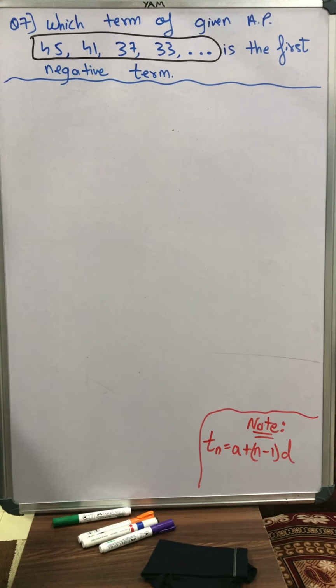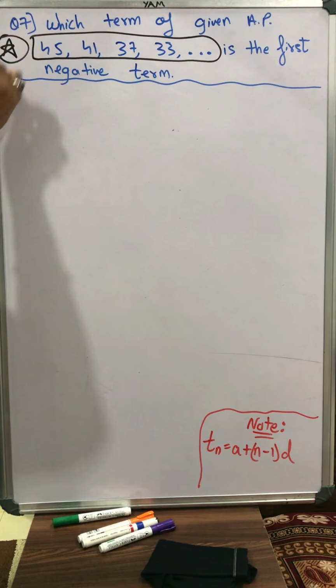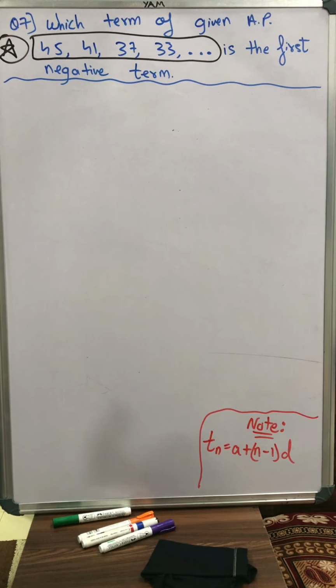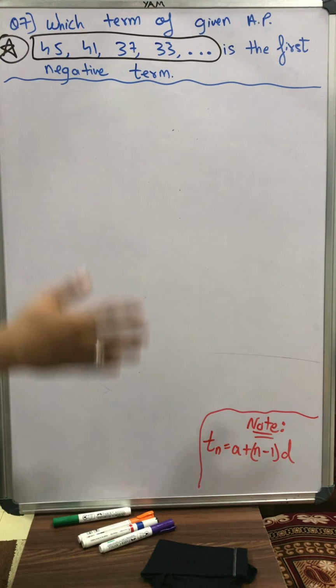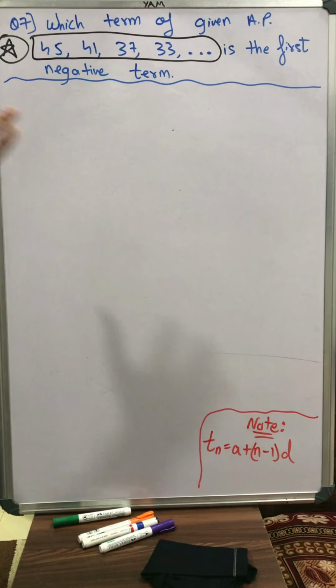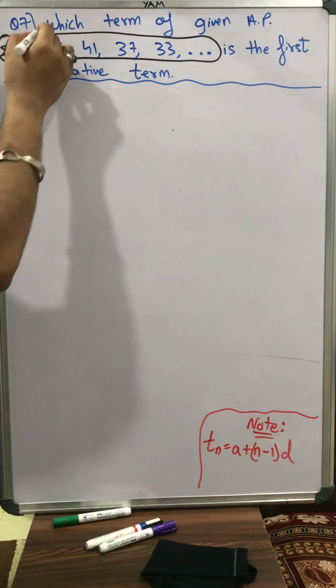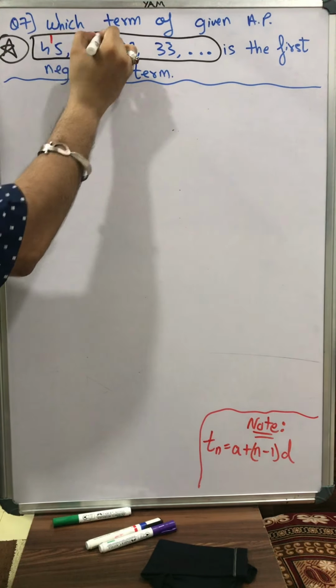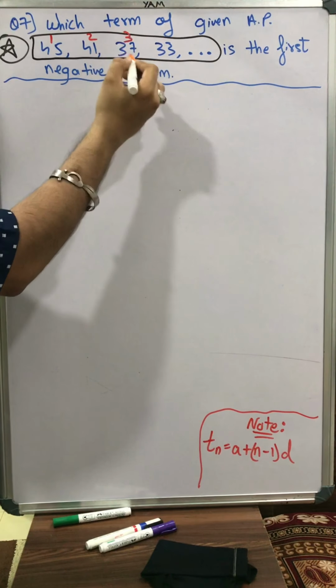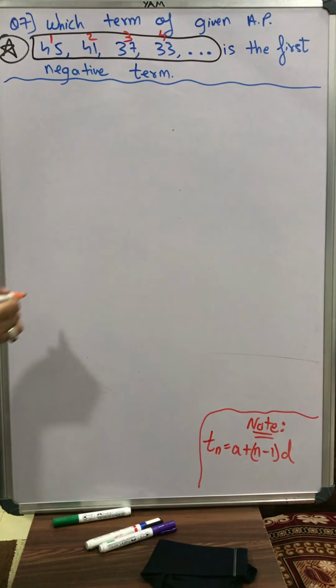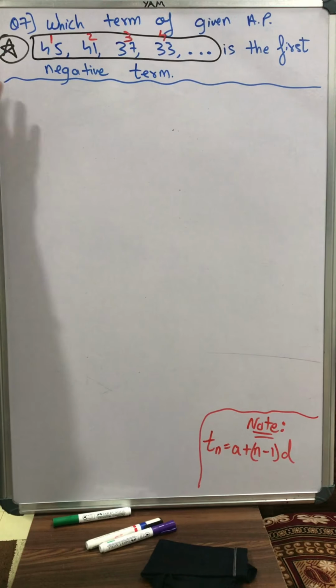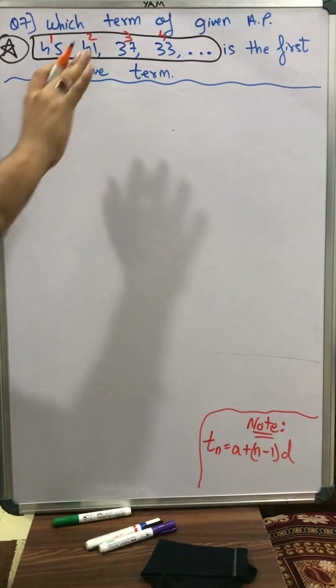Okay, amazing question, a very important question. Understand the story. Don't be excited to apply the formula always. Understand the story behind it. My first term here is 45, my second term is 41, my third term is 37, my fourth term is 33. Can you see the numbers are decreasing?